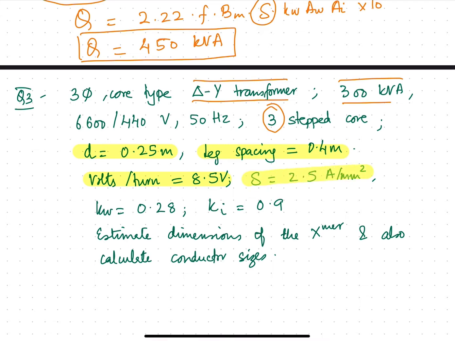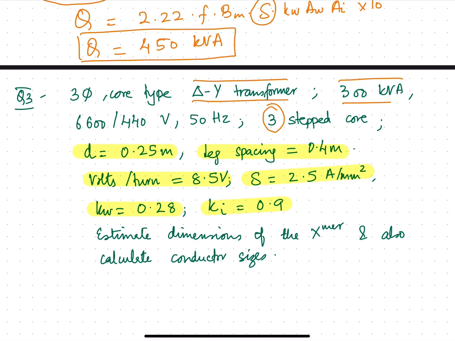Current density is 2.5 ampere per millimeter square. The window space factor kW is 0.28. The stacking factor Ki is 0.9.